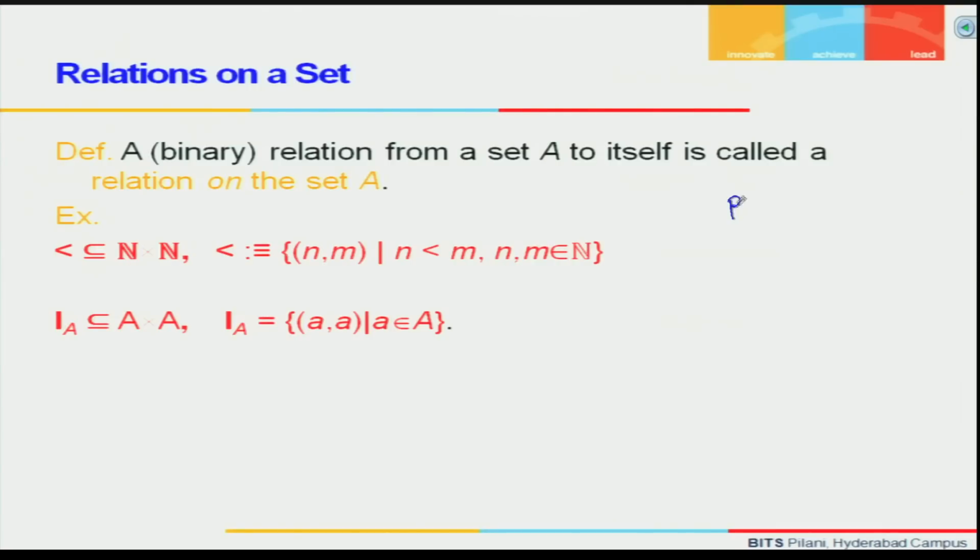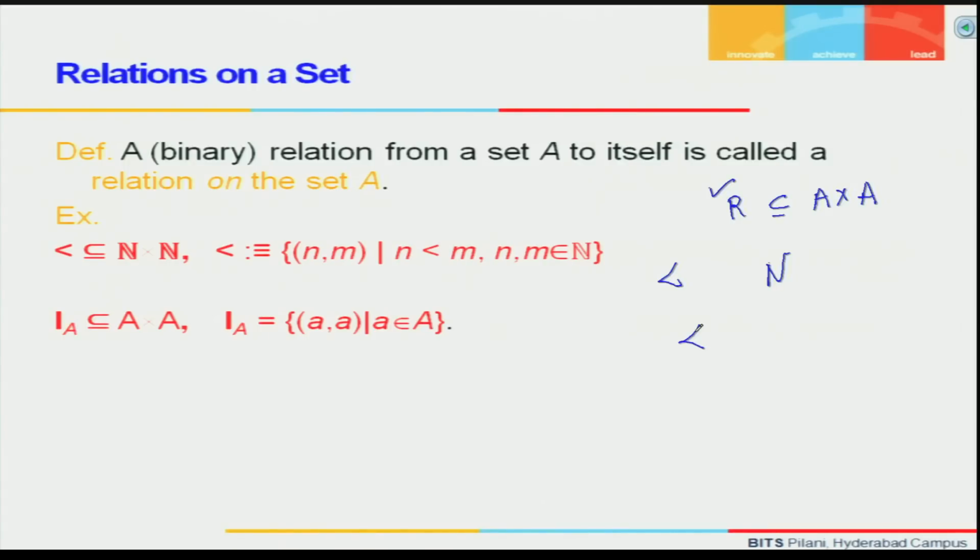If your relation happens to be on A and A itself, then you call this relation R on the set A. A relation R on a set A is nothing but a relation from A to A. The relation that we have seen some time back, less than, is a relation on the set of natural numbers, because less than is a relation on n cross n.